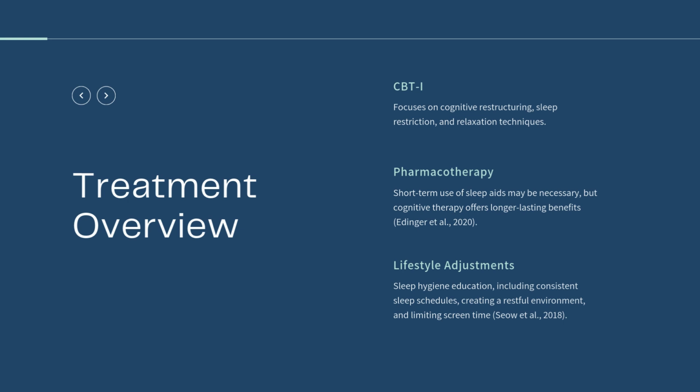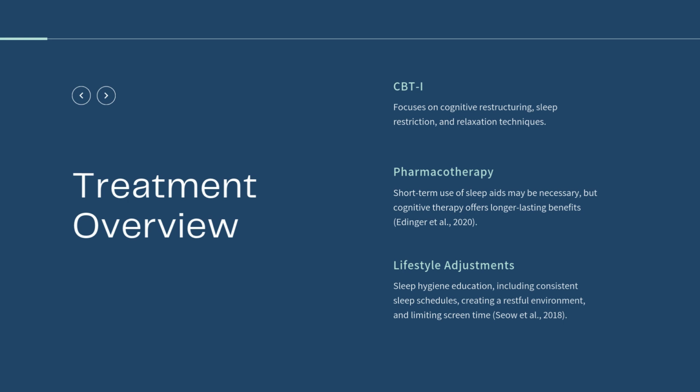For the treatment overview, to effectively treat sleep disorders, it is important to adopt a multi-phased approach. As previously mentioned, cognitive behavioral therapy for insomnia, or CBTI, remains the gold standard for treating chronic insomnia. CBTI addresses the thoughts, behaviors, and environmental factors that interfere with sleep.